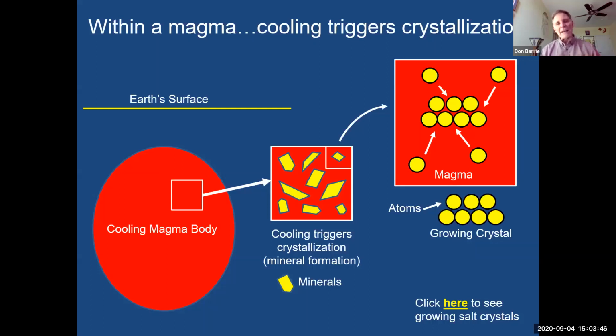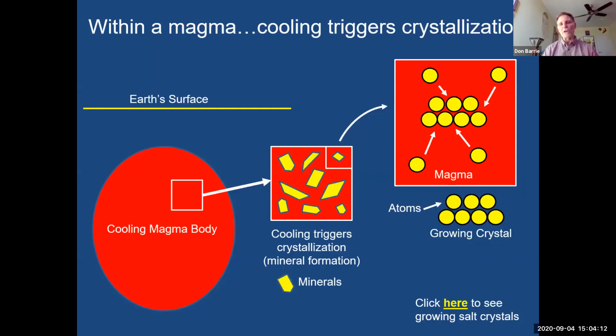So what I'm getting at here is that the size of the crystal in an igneous rock in some sense reflects the cooling time of the magma or the lava. And the general rule is that deep beneath Earth's surface, where you have a magma body, that magma body cools slowly, and that leads to large crystals in the rock, a coarse-grained rock. Now, by large in this case, I don't mean as big as a house.